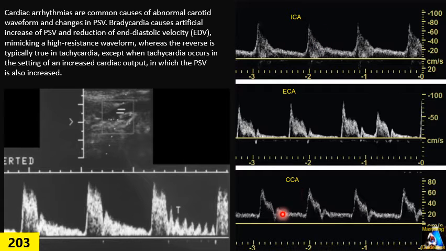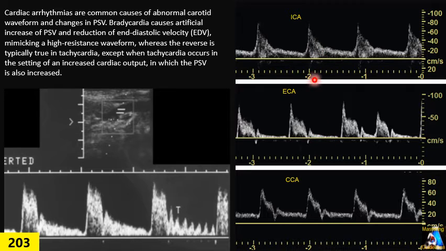First of all, the spectral window on the CCA is significant and very clear and obvious. You can see here. And we have some degree of diastolic forward blood flow, but not the same amount that ICA has. So it's between these two. As you can notice here, we have some degree of spectral broadening in ECA and ICA.